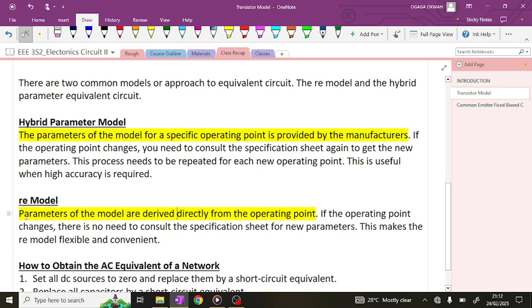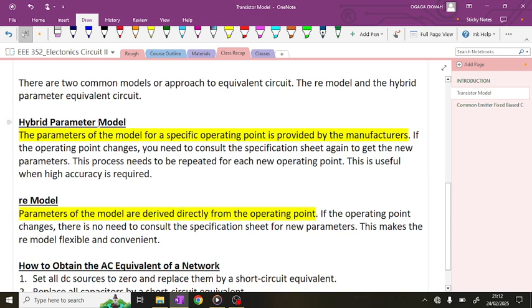For the RE model, those values in the equivalent circuit are derived directly from the operating point, not from manufacturers. So for the RE model, we get them from operating points. What is the voltage and current where the transistor begins to operate? We derive the parameters from that.